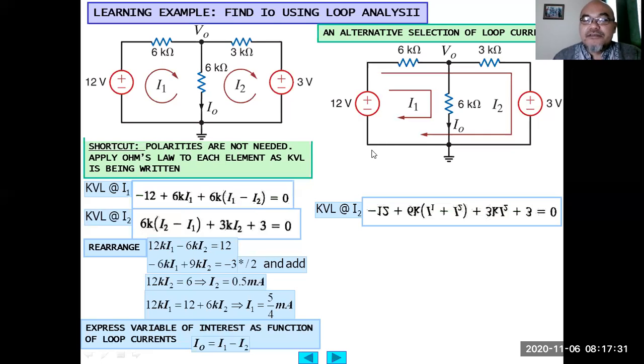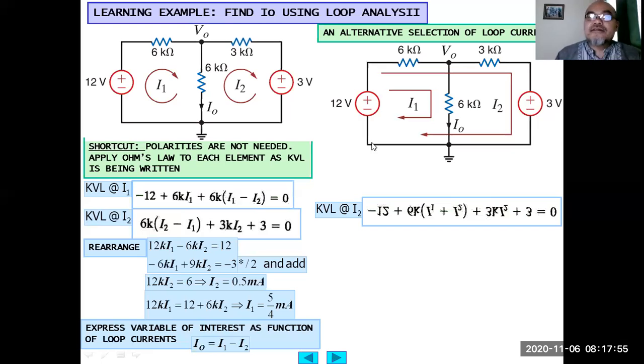But for the second loop, from the same reference node, we go through this minus 12 volt, to the upper part of the resistor, then to the next independent voltage source, the 3 volt here, and then back to the original point.